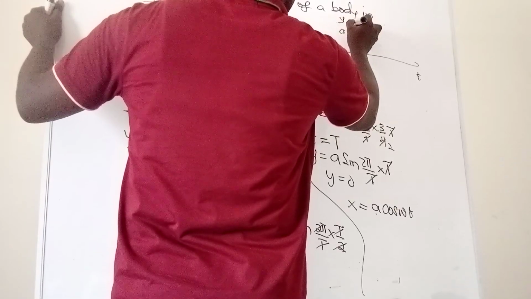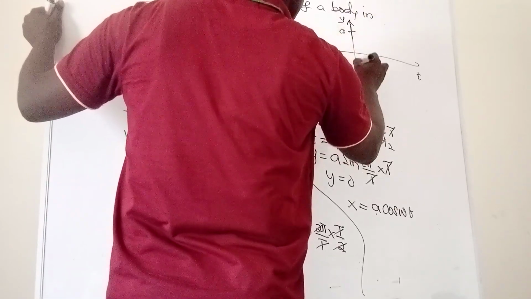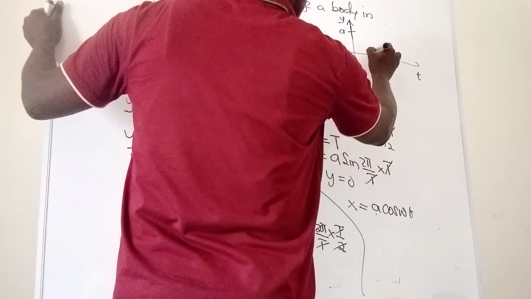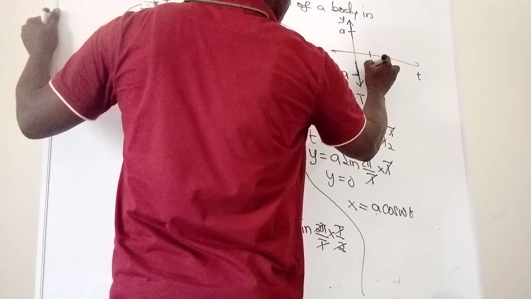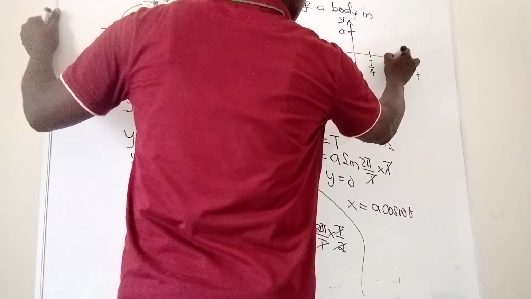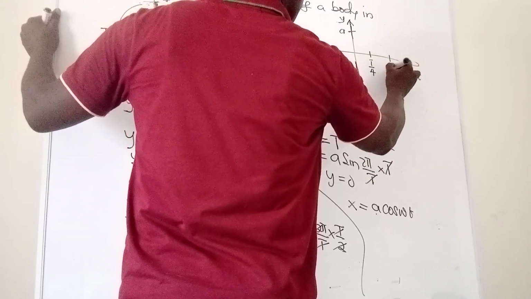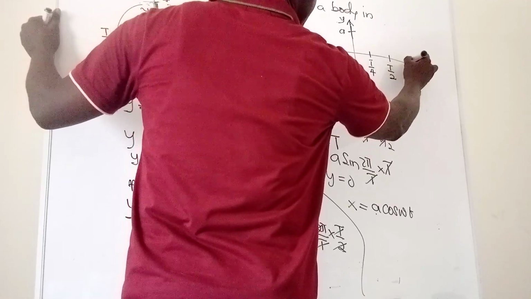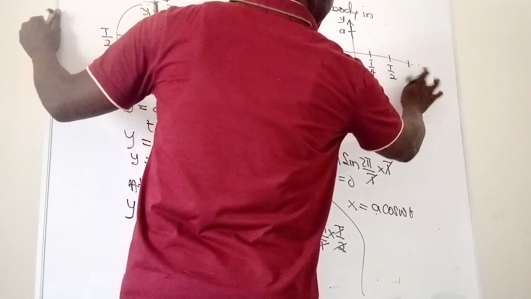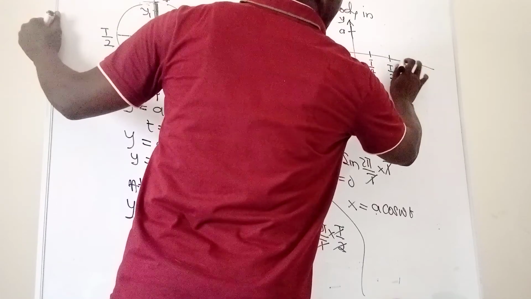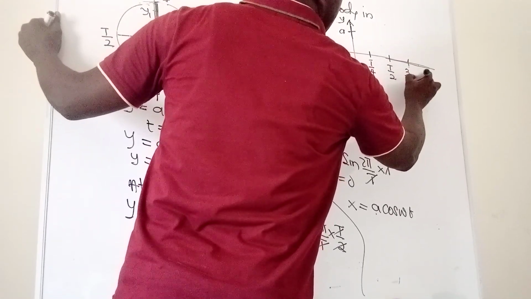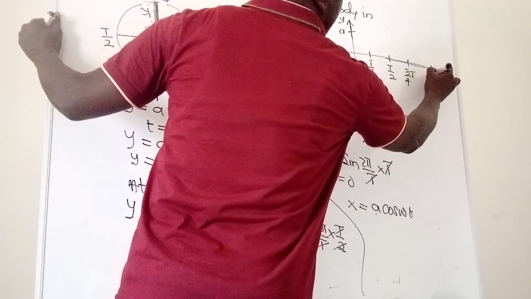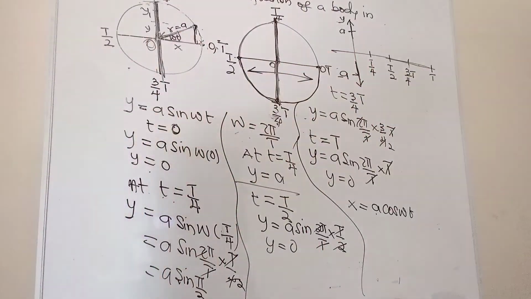This is y, of course, displacement. So now let's look at time t is equal to T on 4, time t is equal to T on 2, time t is equal to three-quarters of it, and then T. How would the displacement function look like?